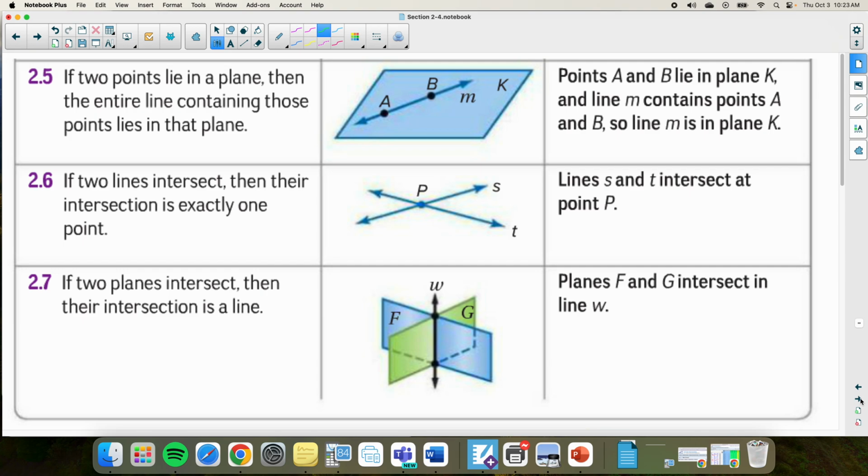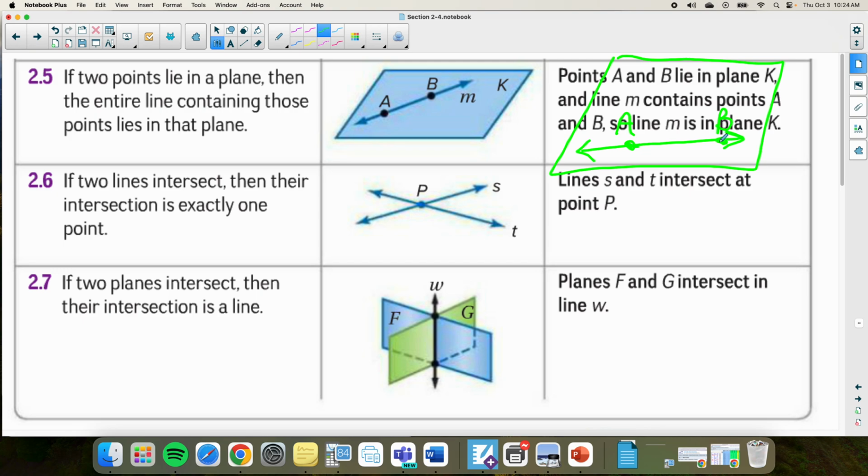All right. Now let's look here. It says if 2 points lie in a plane, then the entire line containing those points lies in that plane. Okay, so here, if you have 2 points, let's say we have A and B, and if those 2 points are in a plane, and we drew a line between these 2 points, the line would also lie in the plane.